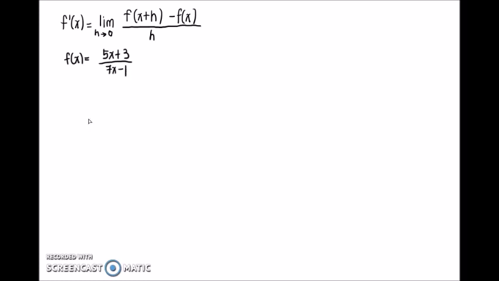Okay, so the same thing that we did earlier, kunin muna natin yung f of x plus h. So, f of x plus h. Papalitan lahat ng variable x ng x plus h.